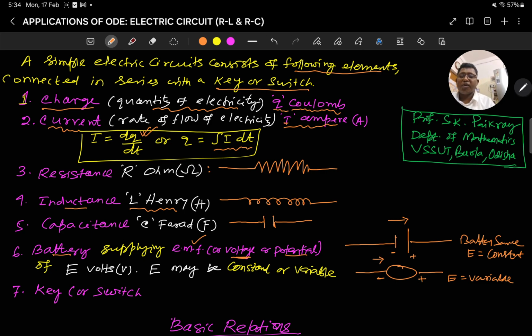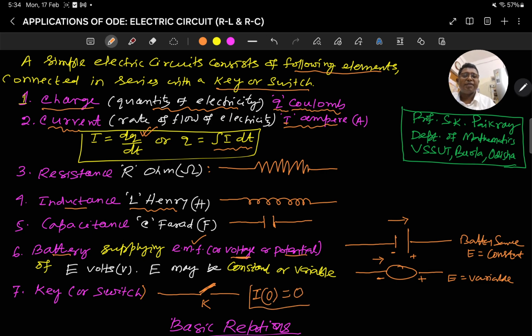Then coming to the key or the switch. It is like this. When the key is open, there is no electricity, meaning the flow of electricity is 0. So I0 is equal to 0.